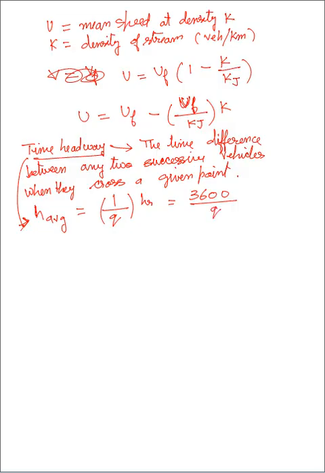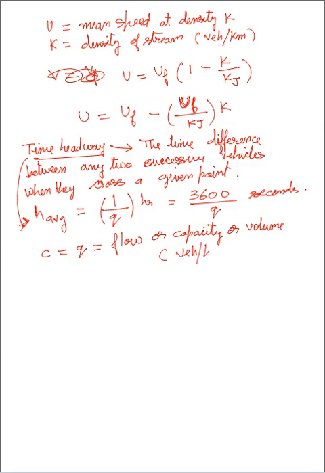This is seconds. In some books they write Q or C, it represents flow or capacity. Capacity or volume, everything is the same. The units are vehicle per hour, so don't get confused.